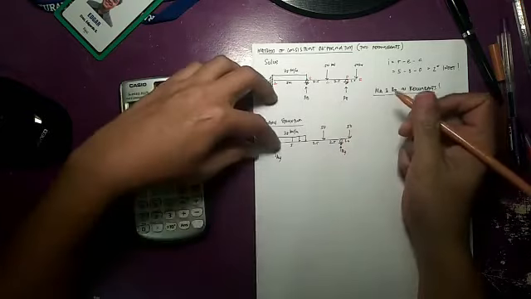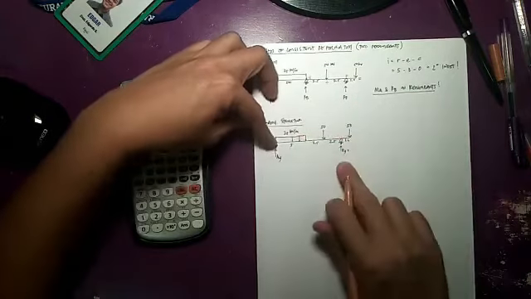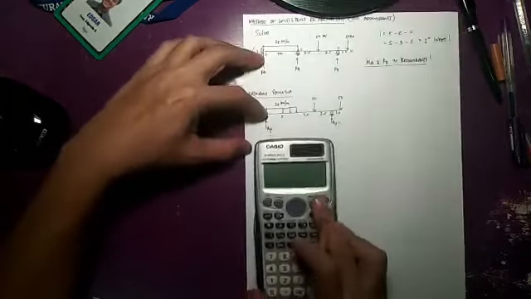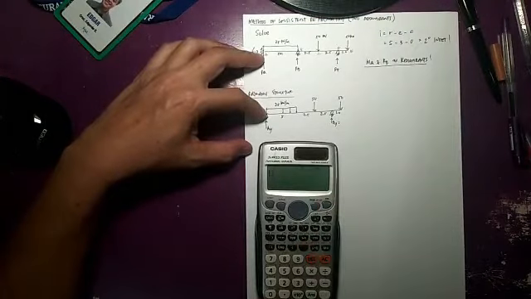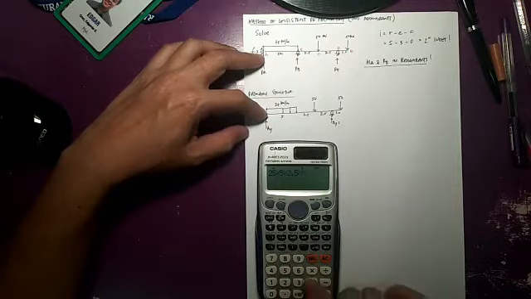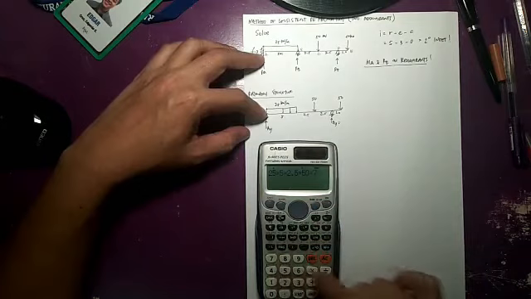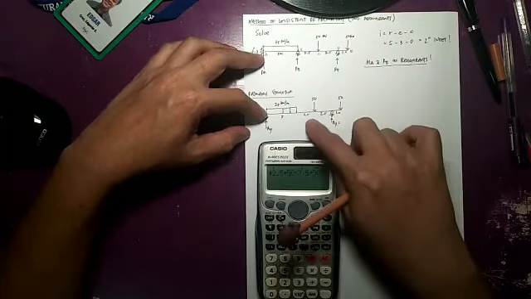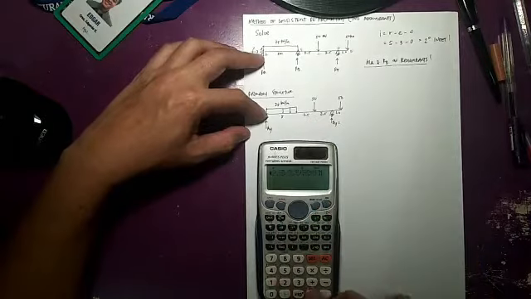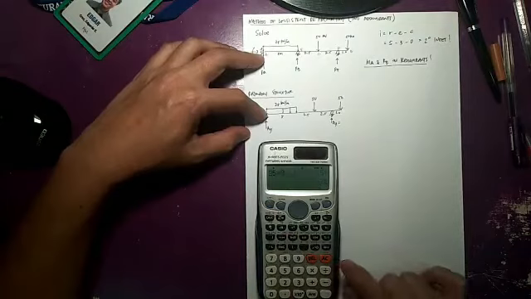Let us solve for the reactions. If I sum moment at A, what would be the reaction at DY? That would be 25 times 5 times 2.5 plus 50 times the moment arm of 7.5 plus another 50 times the moment arm of 11, divided by the distance of DY, which is 10.